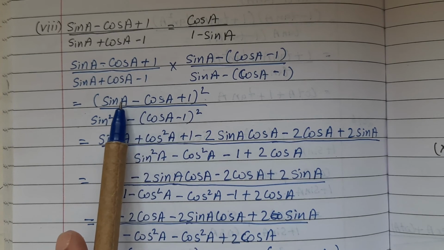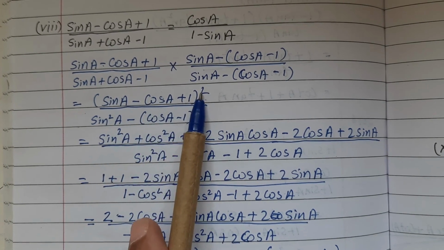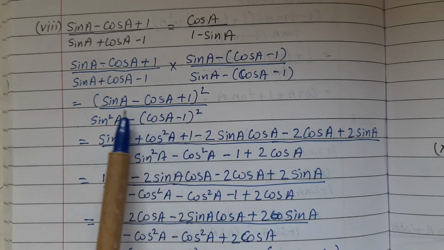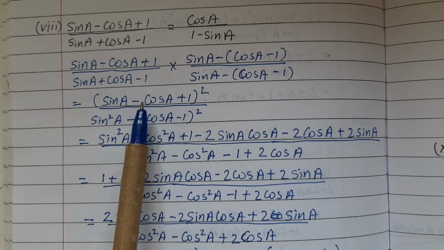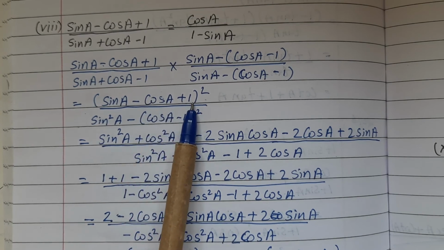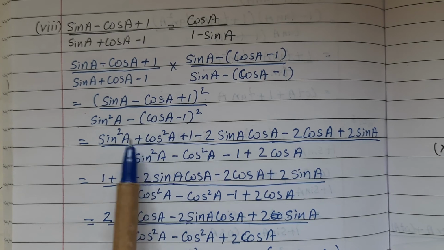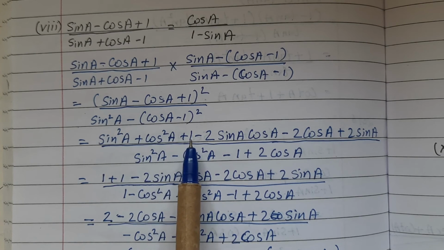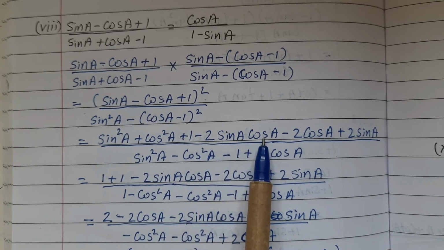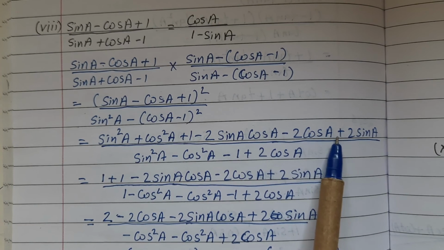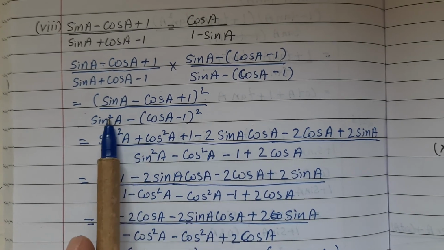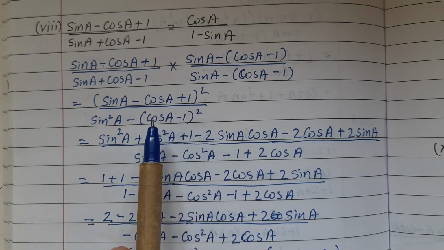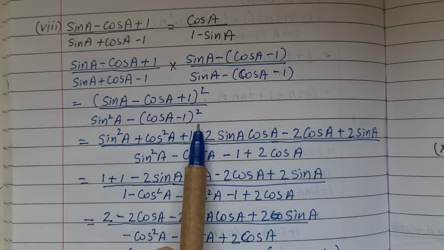Now a minus b plus c the whole square is a square plus b square plus c square minus 2ab minus 2bc plus 2ac. So we will open it that way. We get sin square a plus cos square a plus 1 minus 2 sin a cos a minus 2 cos a plus 2 sin a, upon sin square a minus, open this bracket, a minus b the whole square is a square plus b square minus 2ab.